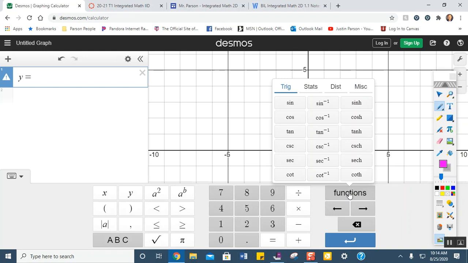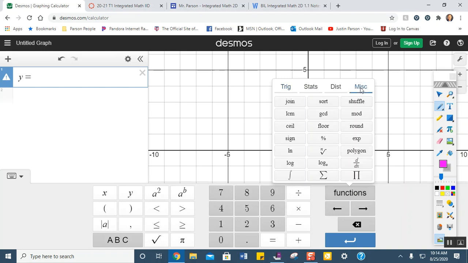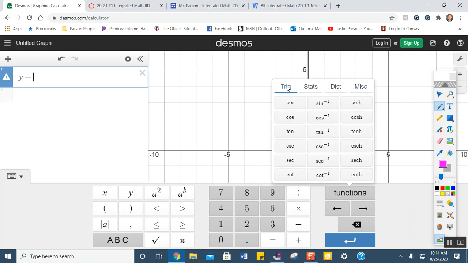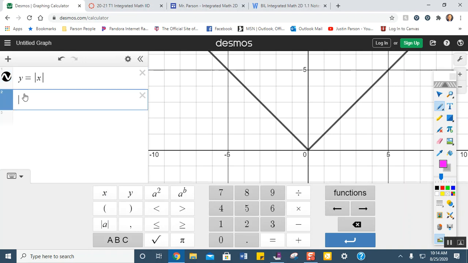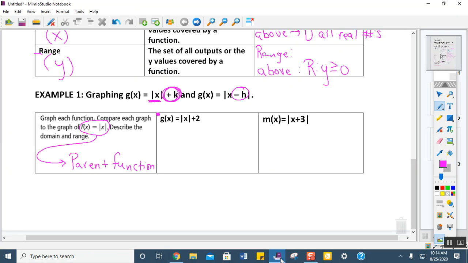Let's see, it might be under miscellaneous stuff here. Oh, there's the absolute value bar over here on the left. You're going to type that in, absolute value of x. I'm going to graph that. That's your parent function.